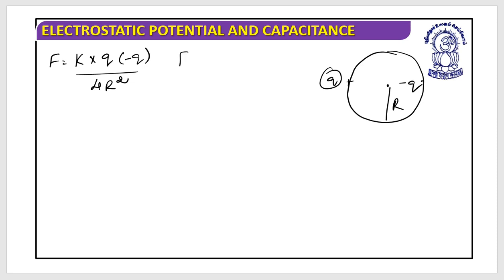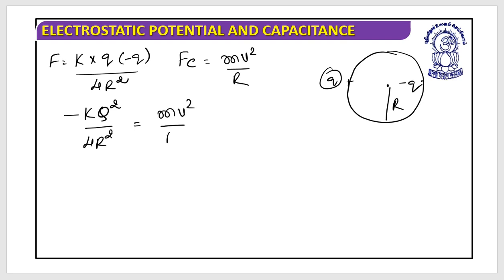And the centripetal force should be equal to mv square by r. So here the centripetal force required to move in a circular path will be provided by the electrostatic force. So I can equate this. So what I have is minus kq square divided by 4r square is equal to mv square by r. I hope these things are clear to you.